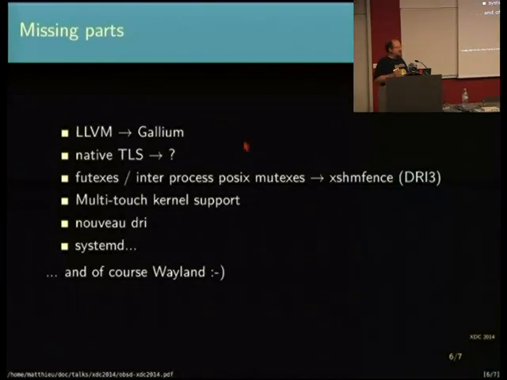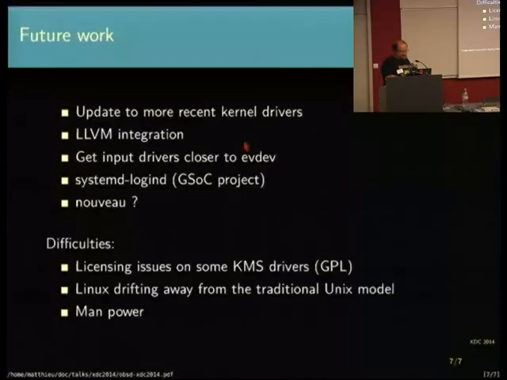But none of the other BSDs has done it yet either, so it's difficult to say if it's difficult or not. And all the issues around the increasing integration of X with systemd or Wayland.